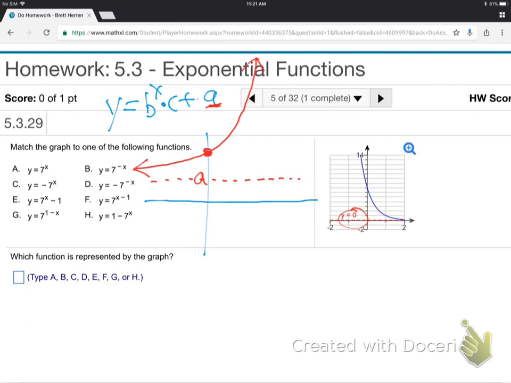Now, I know ours is opposite, and we'll talk about that in a minute. But generally, that's what you get with the equation y equals b to the x times c plus a: you get something that rockets up to the right, unless it's been flipped or something, and comes down for a landing on the left side, right? That's what the horizontal asymptote is. It's going to get closer and closer, flatten out to that, which is at a height of a, whatever number's added off to the right.